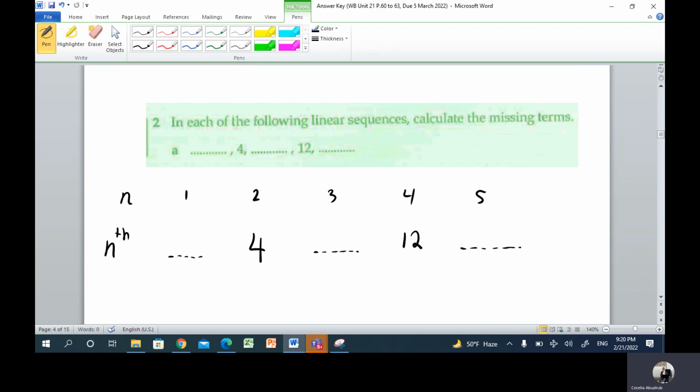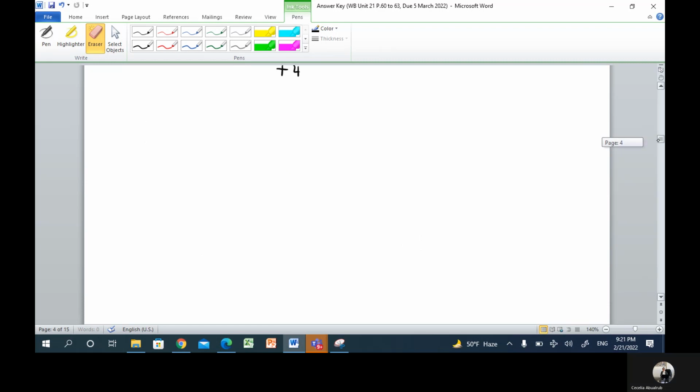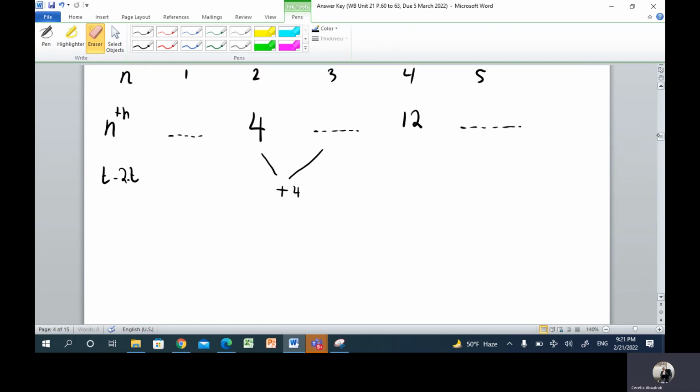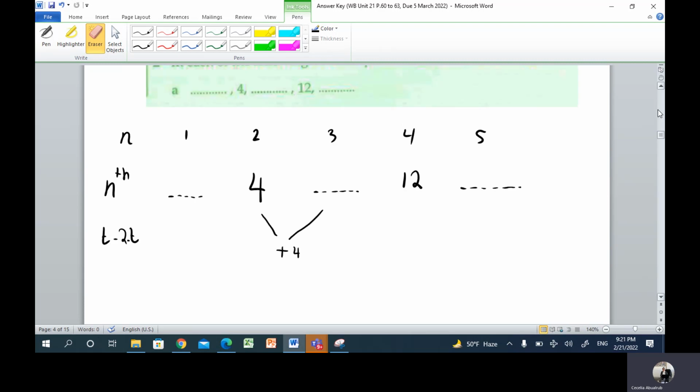Okay, so to be honest, it's only by trial. So if you say here, if I add the term to term rule, okay, so if you say here that from here to here, if I add 4, then 4 plus 4, it will be 8. Let me just make it more clear. Okay, sorry about this.